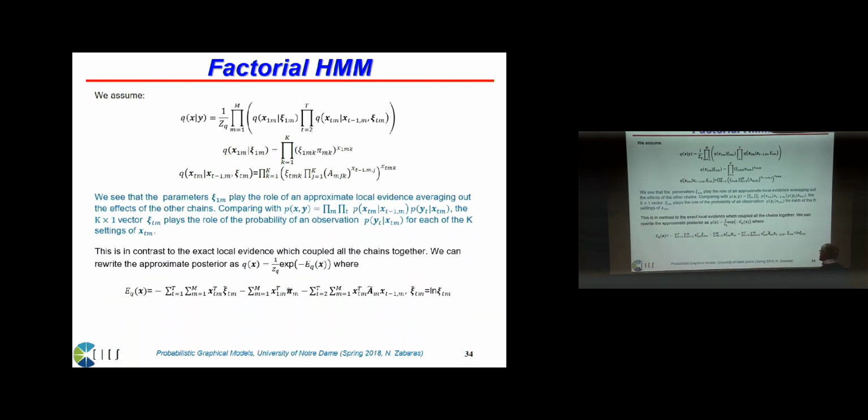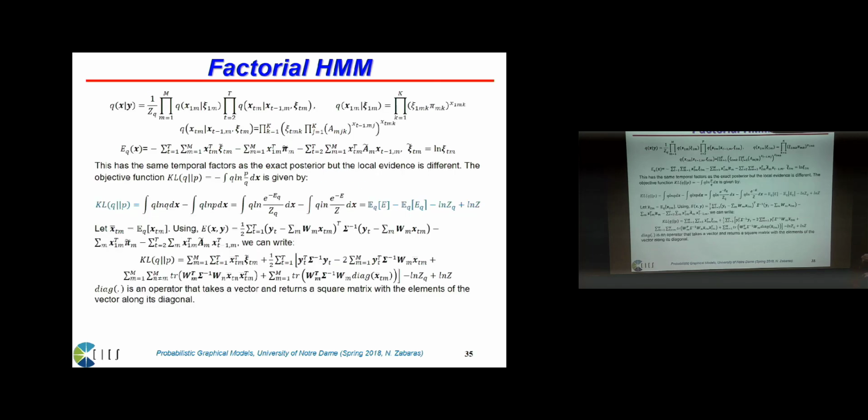So the rest is algebra, all right? We have the actual energy and the actual posterior, but we want to approximate it with this. Effectively what you need to do is form the KL distance between Q and P and minimize the KL distance with respect to what unknown variables.